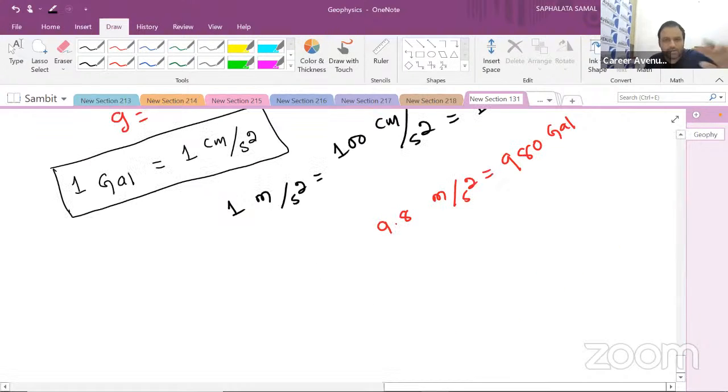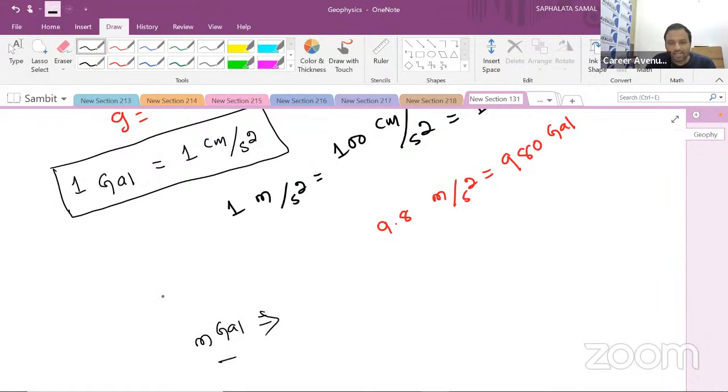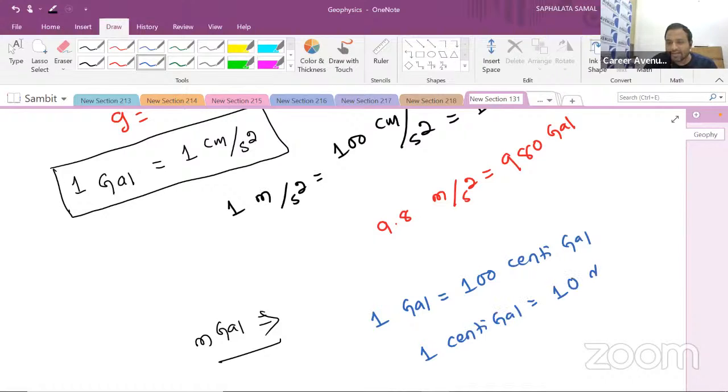Similarly, we have another unit which is called the milligal. Milligal unit is commonly used in our gravitational survey. So 1 gal would be equal to 1 meter, how much centimeter? 100 centimeter. It will be 100 centigal. 1 centigal would be equal to 10 milligal.